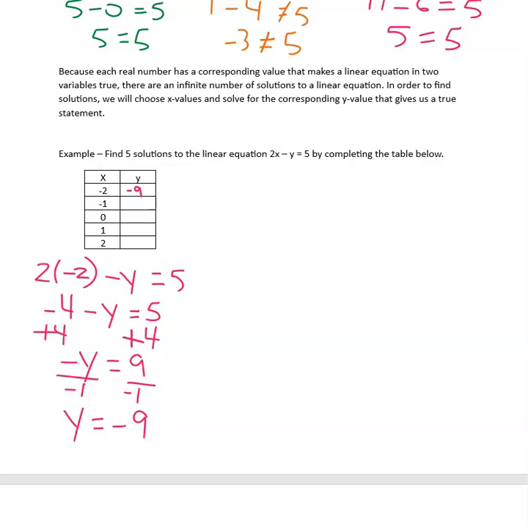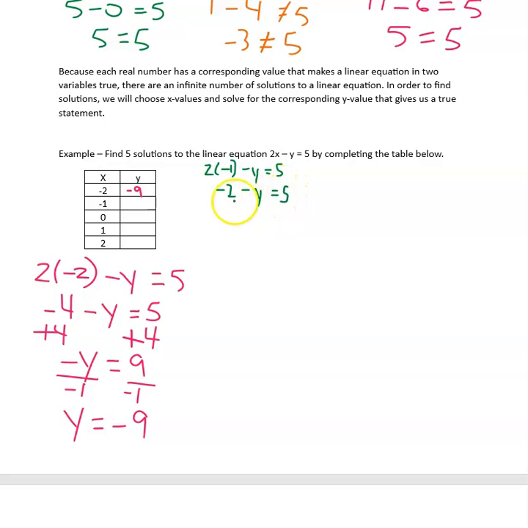Now we're going to repeat this process for all of the x values that we've been given, and find their corresponding y value. The next x value we're given is negative 1, so 2 times negative 1 minus y is equal to 5. We're going to solve for y. So 2 times negative 1 is negative 2 minus y is equal to 5.